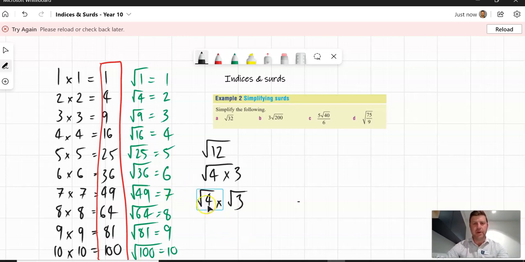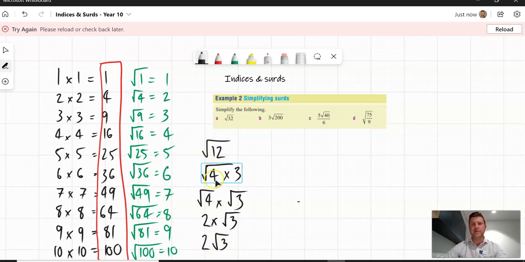And we know that the square root of 4 is actually 2. So instead of writing the square root of 4, I could just write 2 times the square root of 3, or I could simplify that by getting rid of that multiplication sign and just writing 2 root 3. So the square root of 12 can be simplified to 2 root 3.